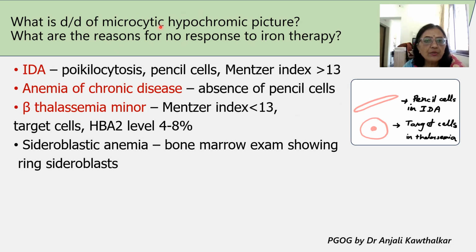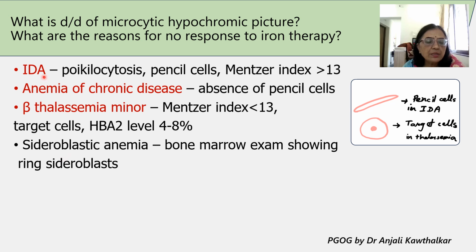What is the differential diagnosis of microcytic hypochromic anemia picture on peripheral smear? Or the same answer will be: what are the reasons for non-responders to iron therapy? Suppose you start iron therapy and the patient is not responding, what are the other possibilities? Now, the microcytic hypochromic picture is present in 4 conditions.